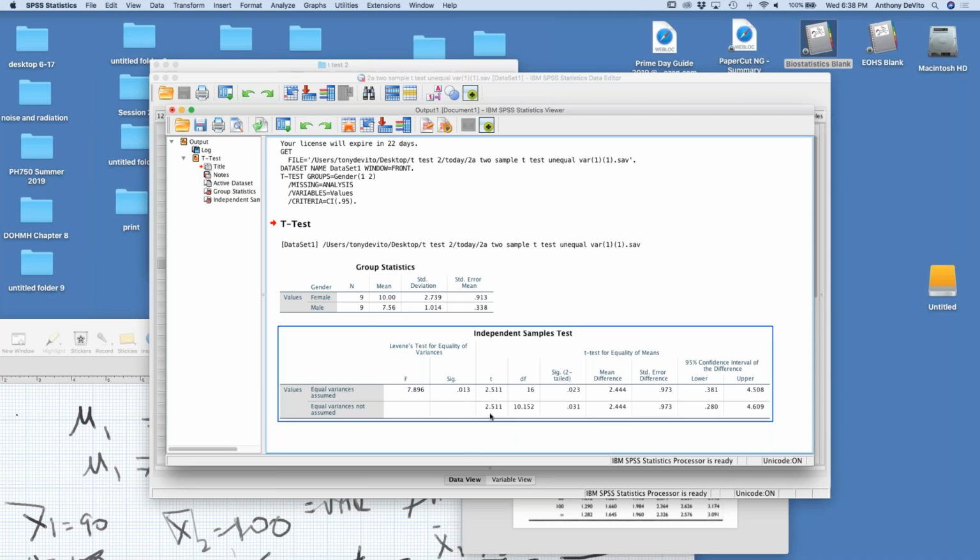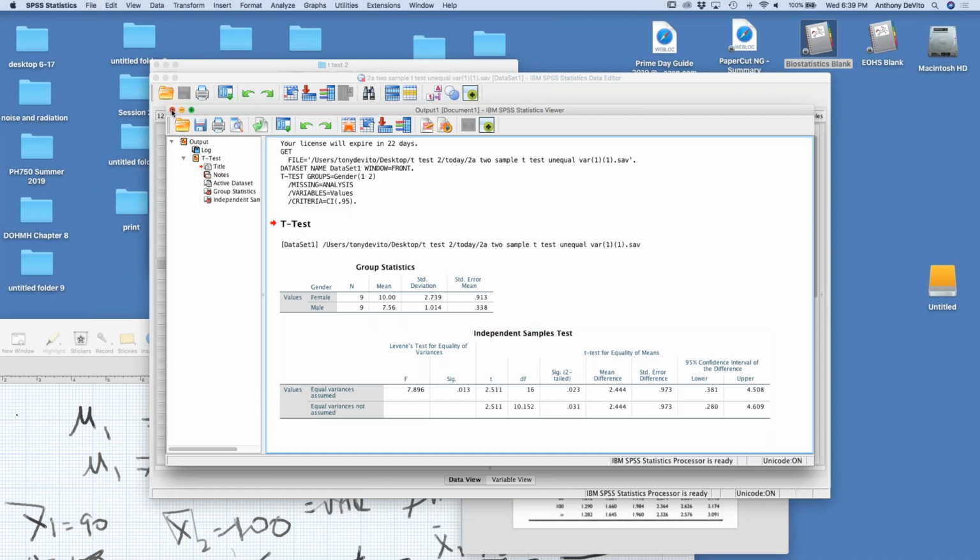The t-value turns out to be 2.5. Our degrees of freedom are 10.1, and we can look up degrees of freedom 10. You'll find that the critical value of t is less than 2.5, so it allows us to reject the null hypothesis. The probability of being wrong if we reject the null hypothesis is, again, less than 5%. So again, I get to reject the null hypothesis.